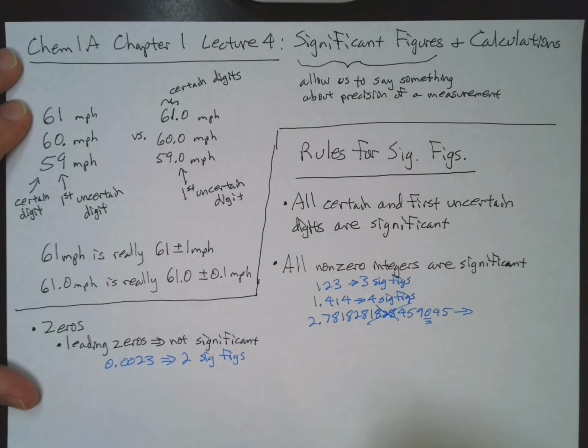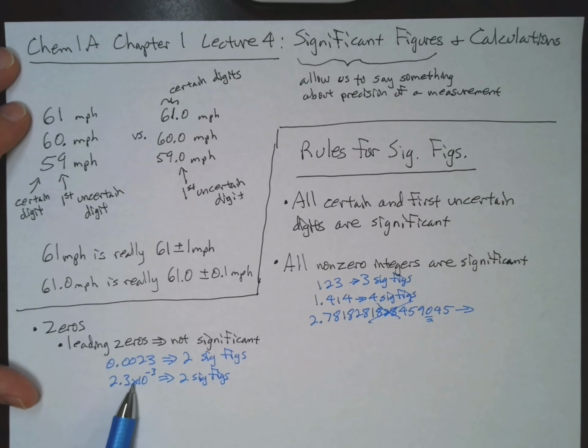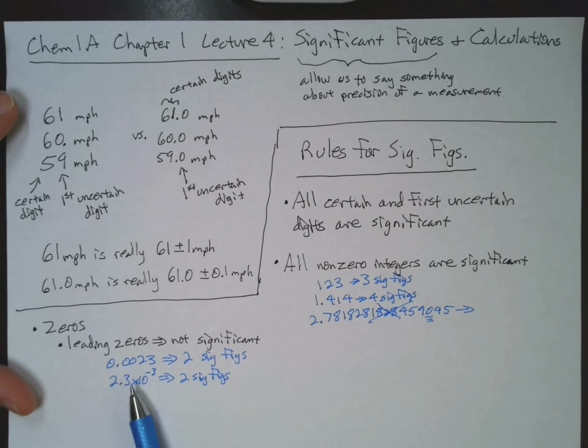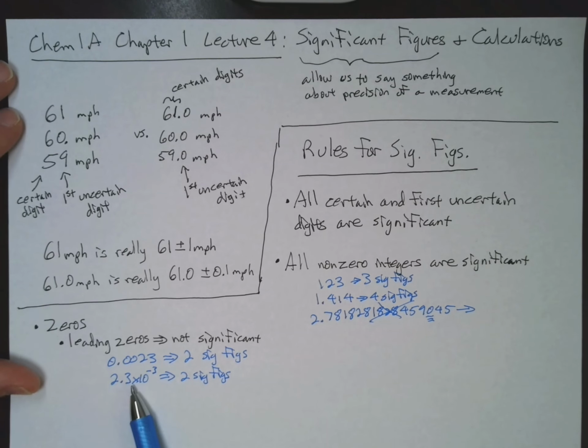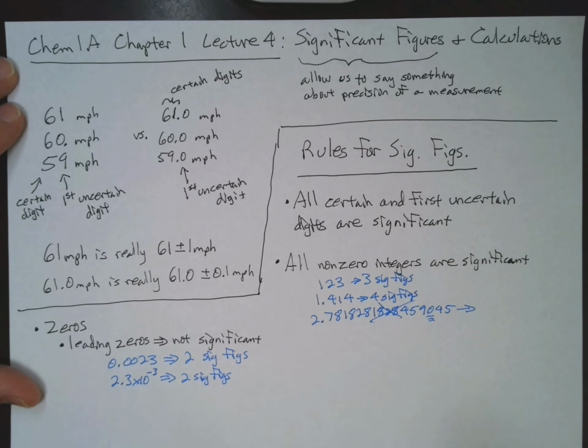Another way to think of that is if we wrote it in scientific notation, it would be 2.3 times 10 to the minus 3. And now we see pretty clearly we have 2 sig figs. So it's important to be able to use scientific notation. It can be very helpful for determining your number of significant figures. If you don't feel comfortable with writing things in scientific notation, go ahead and take a look at a little refresher in the text. And plus you can check in with me in office hours.